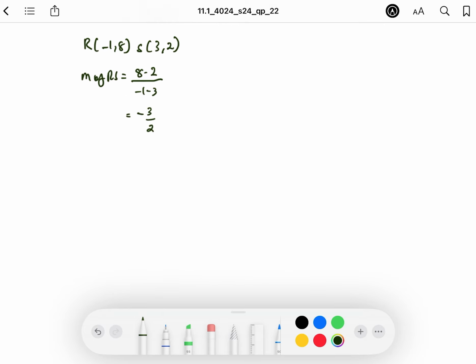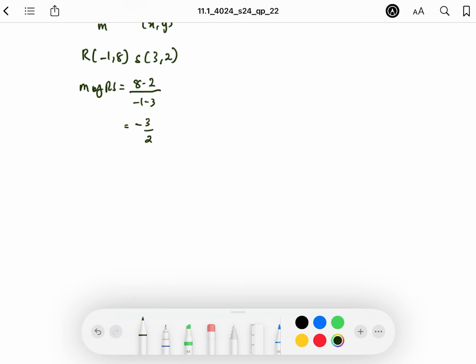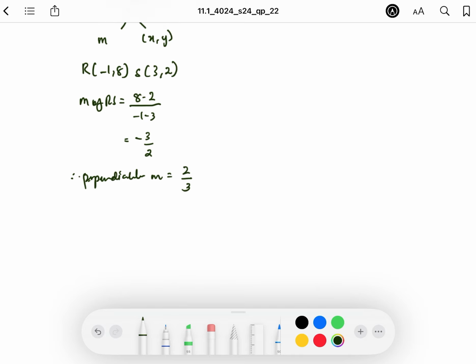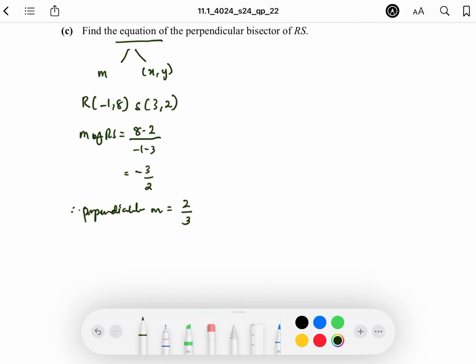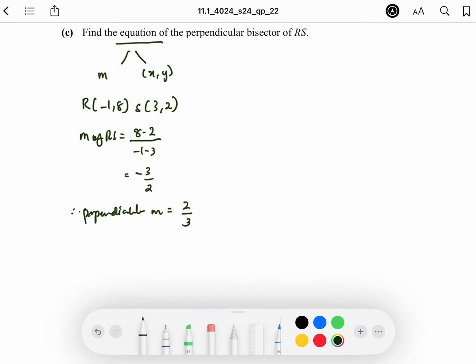You can use your calculator. Therefore, the perpendicular gradient is the negative reciprocal. So you take the reciprocal, and minus becomes positive in this case. And then you need to have the coordinate. So that's the perpendicular part.